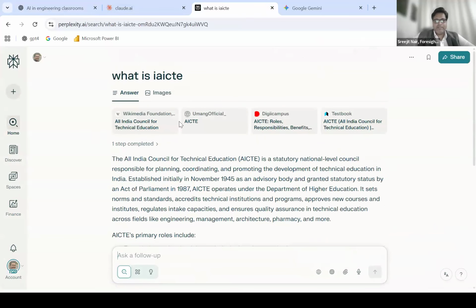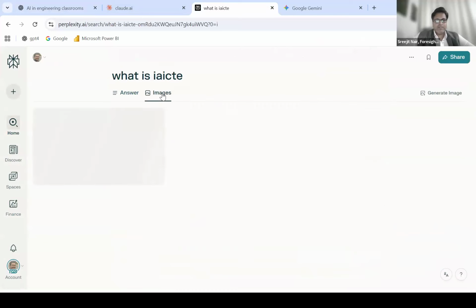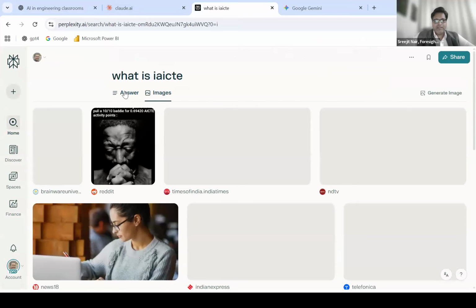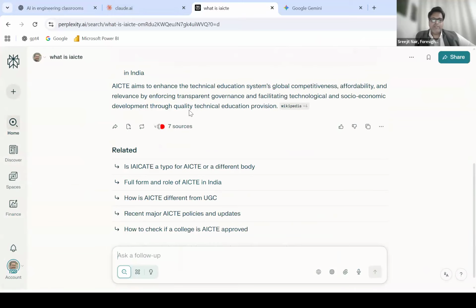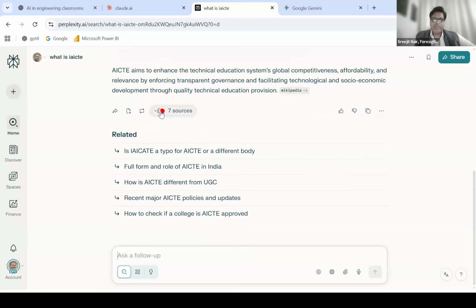It always gives the references. It also mentions what images it has referred to. Previously it was a task, so it was not showing the sources. It normally does, but that was an exception.